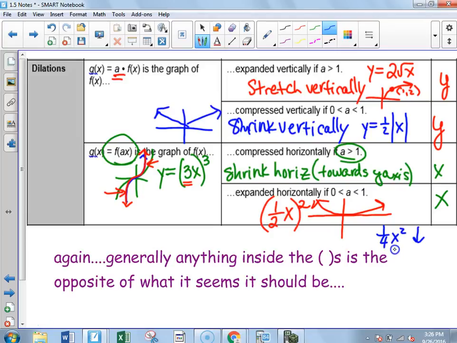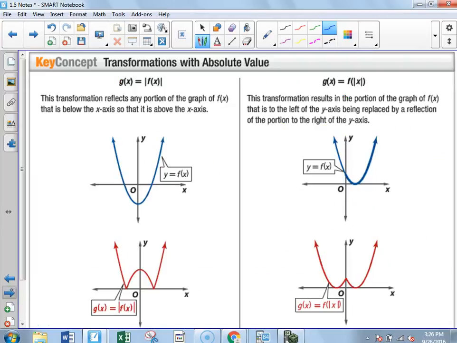The square root, I have to think about whether the square root would change it or not. If I gave you the equation, you have to tell me what the right words are from the equation. If I gave you the graph, you could tell me either one.